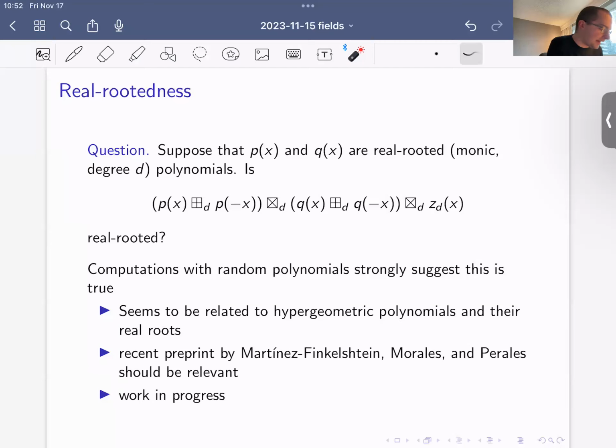Basically they have formulas for box plus and box times, where the polynomials are hypergeometric. This preprint should be relevant. So again, this is a work in progress, trying to figure out if we can prove that this is real rooted.